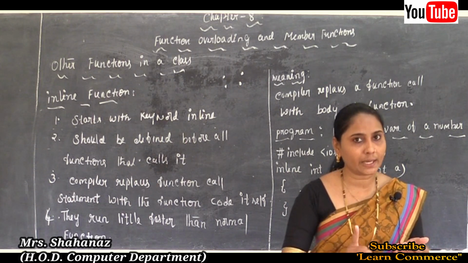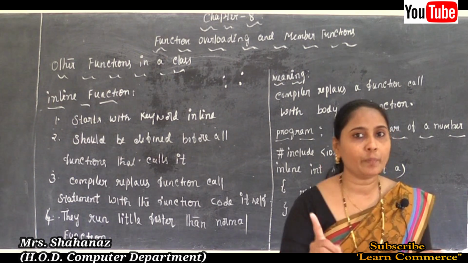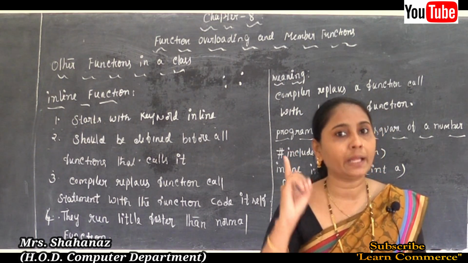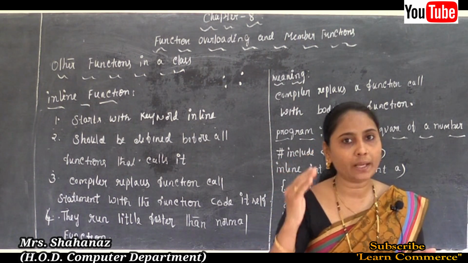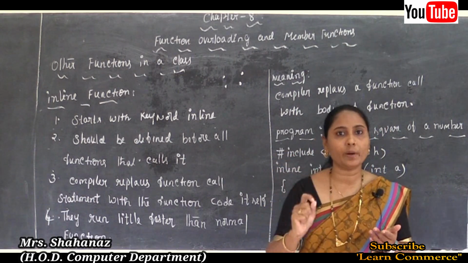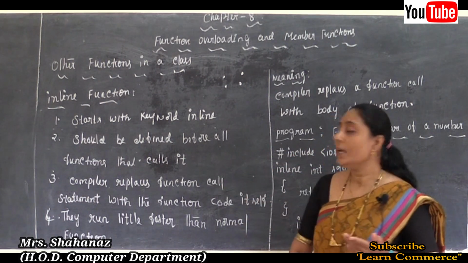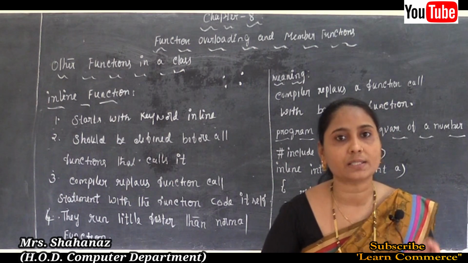But in the inside class definition there is no separate declaration of the member function; after taking the member data directly in the public access specifier, we define the member function. So this is the difference between inside class definition and outside class definition.